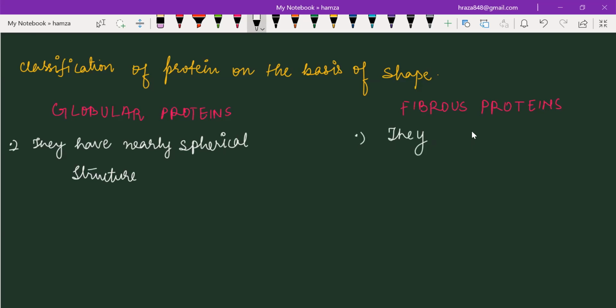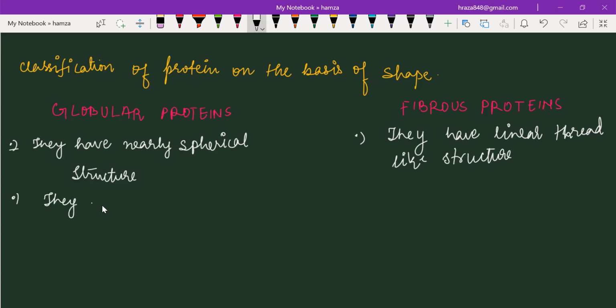They have linear thread like a structure. Next point we can write they are soluble in water. What about fibrous?